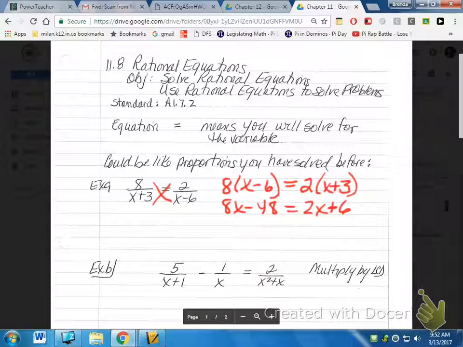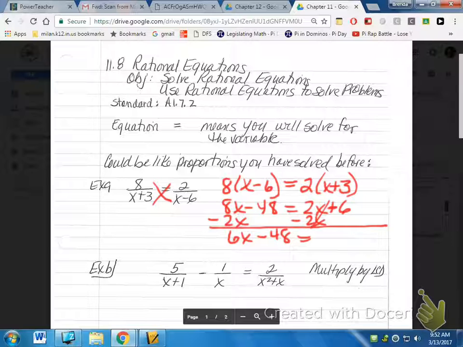What's my next step? Subtract the x term. Which one am I going to go with? Right, the 2x is smaller, so subtract 2x from both sides. I get 6x minus 48 equals 6. And now what? Add 48.